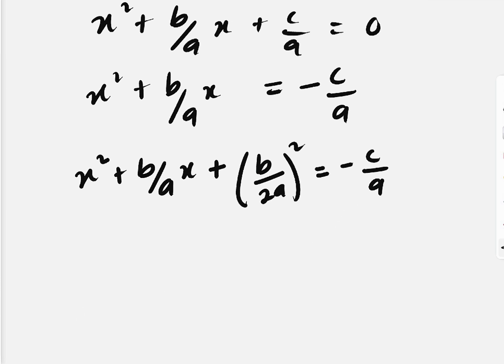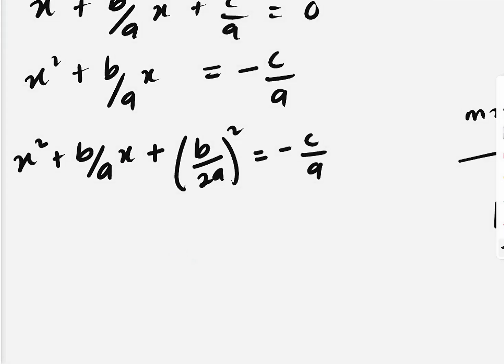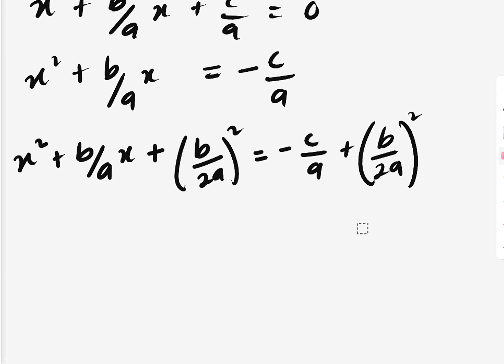So we are going to have plus open bracket b over 2a, all squared, on this side as well. Let me erase this again. Now we have a very sweet result.